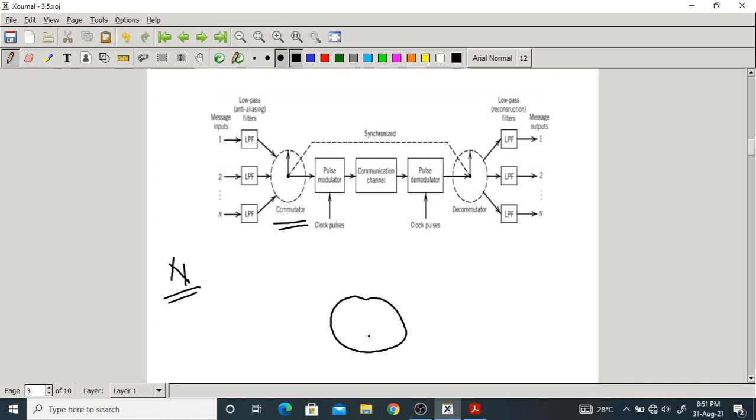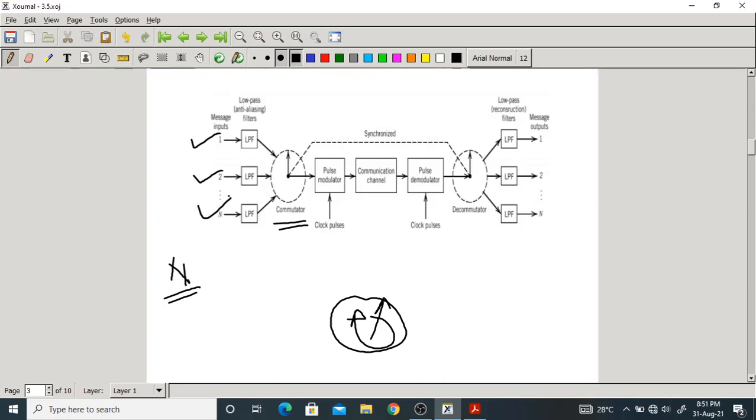It rotates like this. What is the job of this commutator? It will collect the samples from each and every signal. It makes a rotation, and by the time it makes one complete cycle, it will collect a sample from each of the n signals.